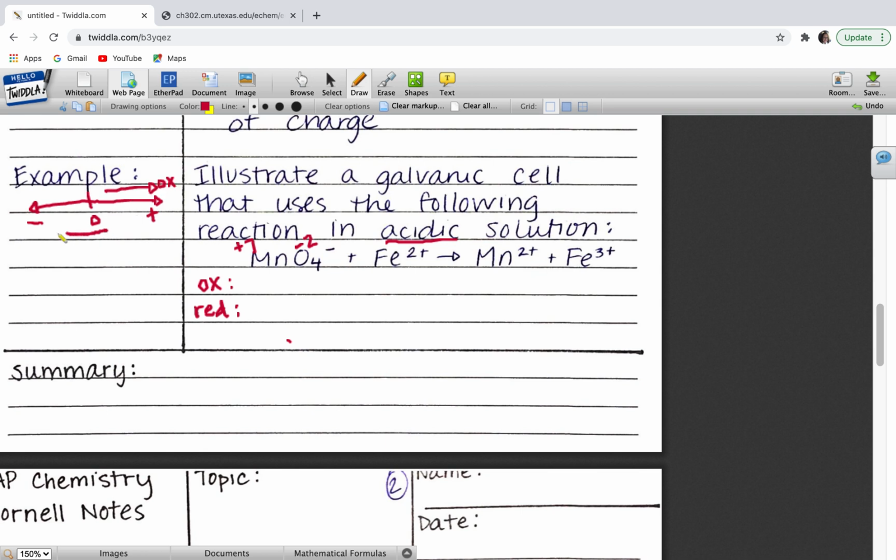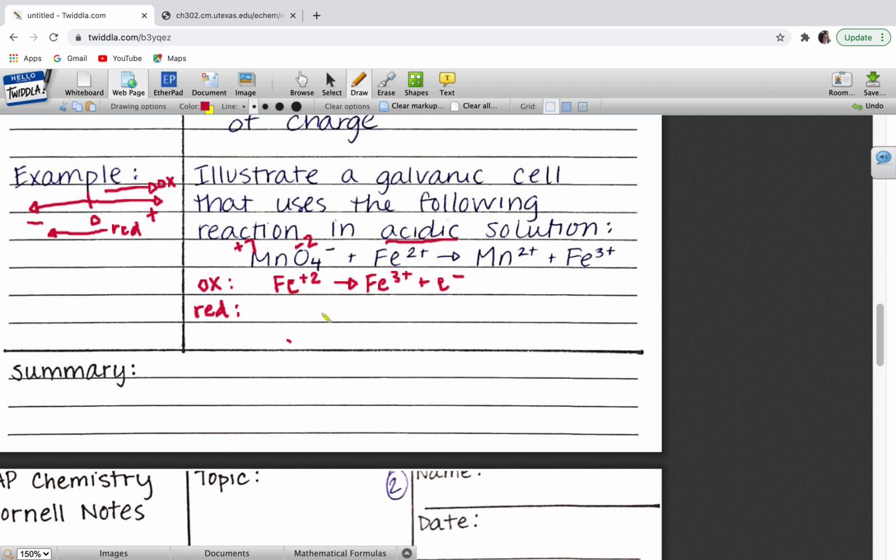If it goes in this direction and becomes more negative, it is reduced. On the number line, if the charges change in those directions, that's what's happening to it. So what was becoming more positive? That's going to be our iron. Iron was going from +2 over to +3, and that's a difference of 1 electron. So in the process, 1 electron is being lost.